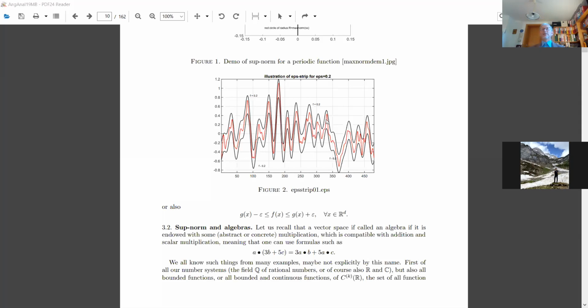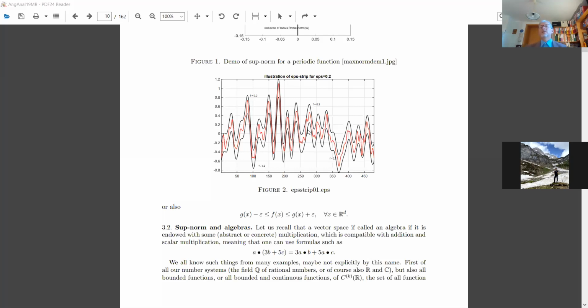So the idea is, if you have a good approximation, you're within an epsilon strip if you think of the real and imaginary parts. And of course, convergence in the sup norm means that these strips are getting more and more narrow. You get better and better approximations. For example, we'll see that if you take a Fourier series of a function, taking more and more terms will give you approximation, but it's not always true that this approximation holds in the sup norm sense.